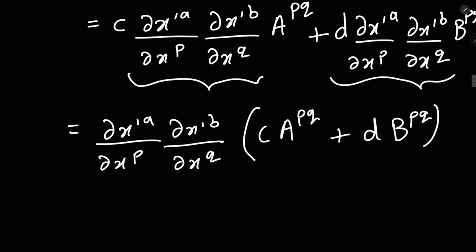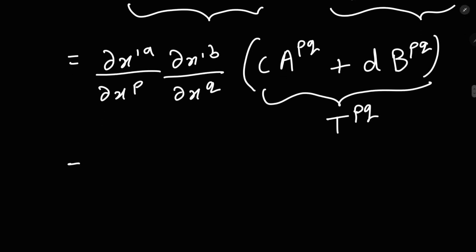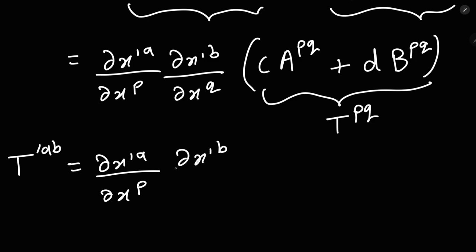Now you can see that this quantity is nothing but T^{PQ} by our definition. So T prime AB is equal to del x prime A upon del x P, del x prime B upon del x Q, T^{PQ}.